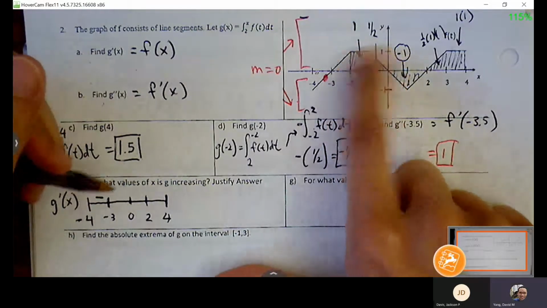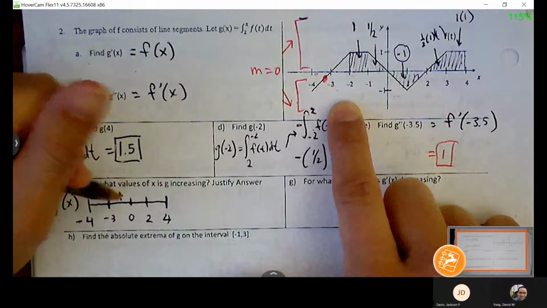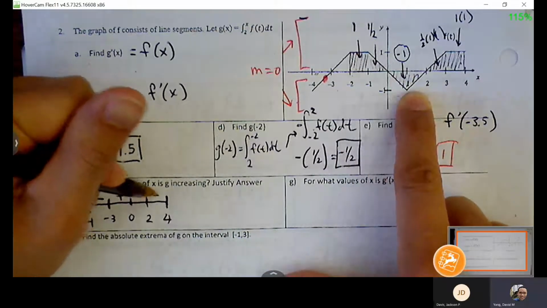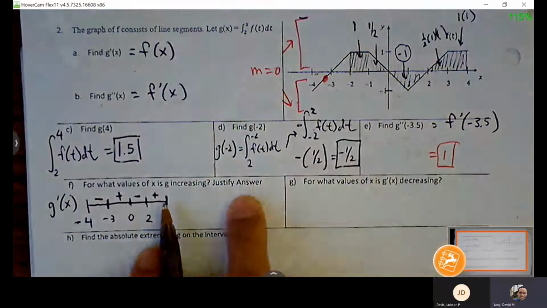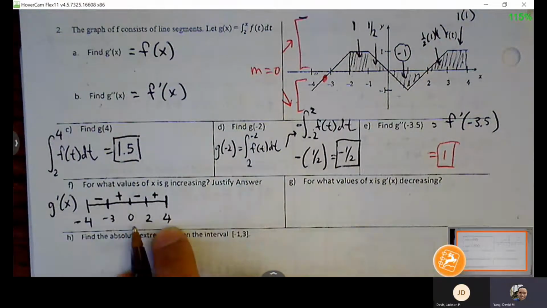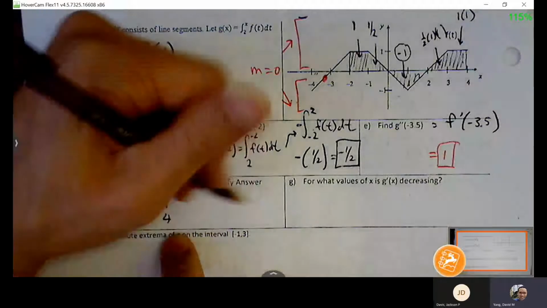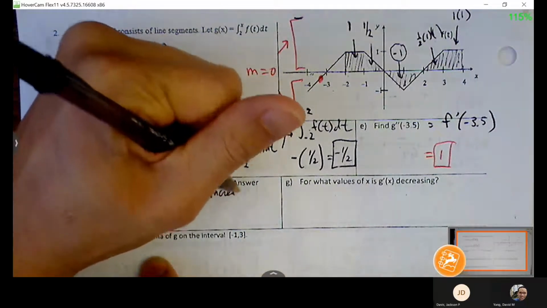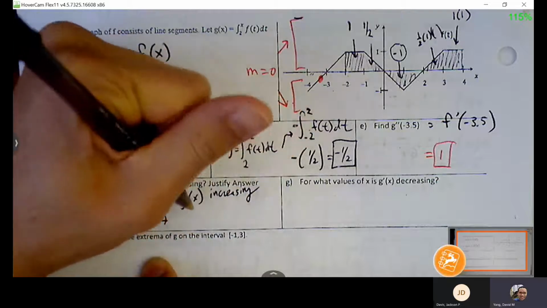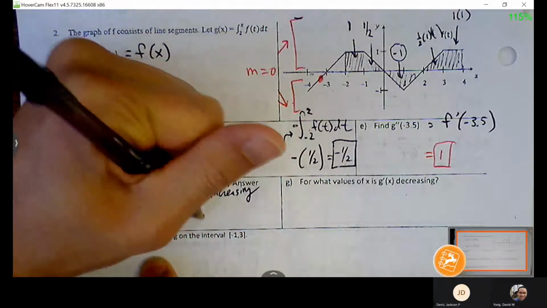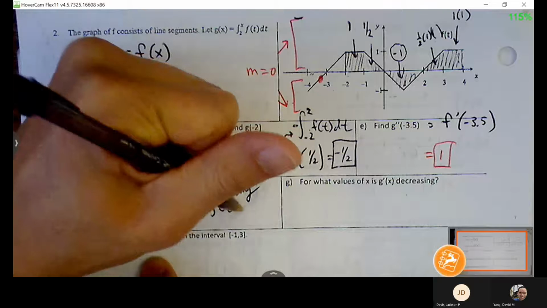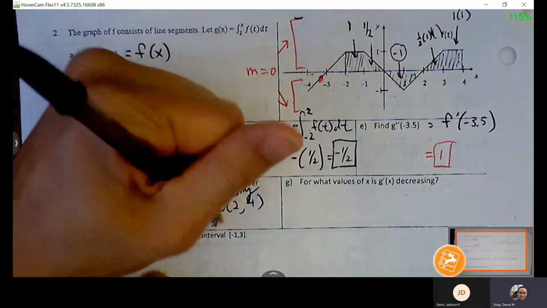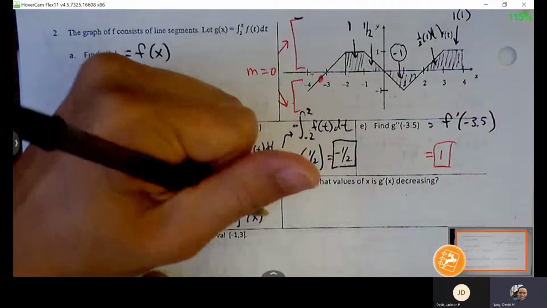Then it goes above the x-axis, below, and above. So our g graph is increasing from -3 to 0, and then from 2 to 4, because g prime is greater than 0.